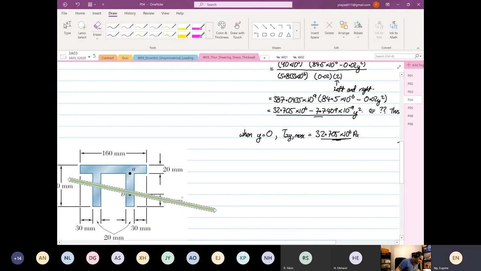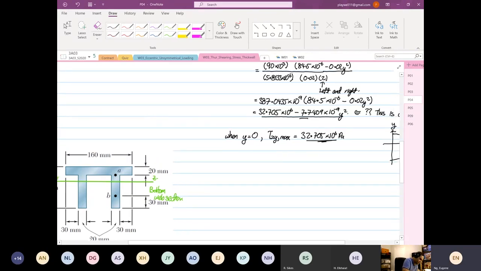So now I want to know the bottom web. That is our ZZ, and we want to look at our bottom web section.